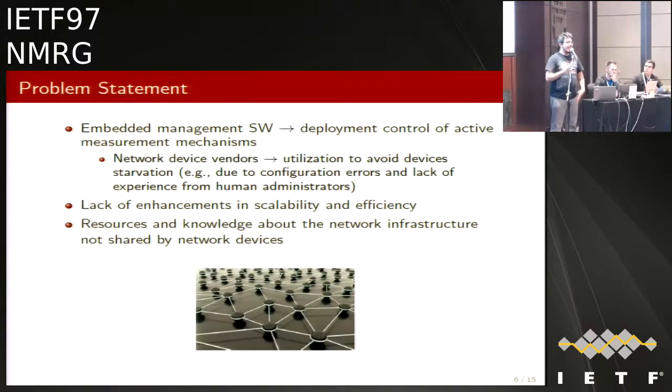There's also a lack of scalability using these kinds of mechanisms. The resources and also the expertise are not shared among the equipment in the network. So probably the one that could share this information is the human administrator, which, as I said before, is a constrained resource in an operator or this kind of organization.